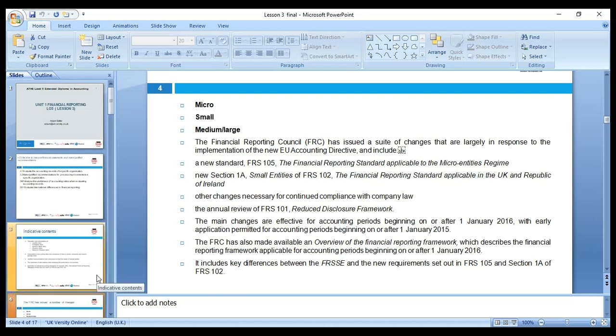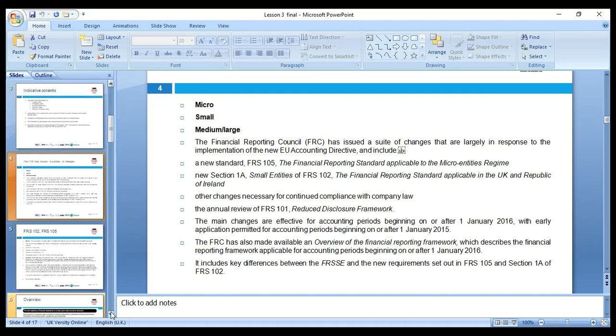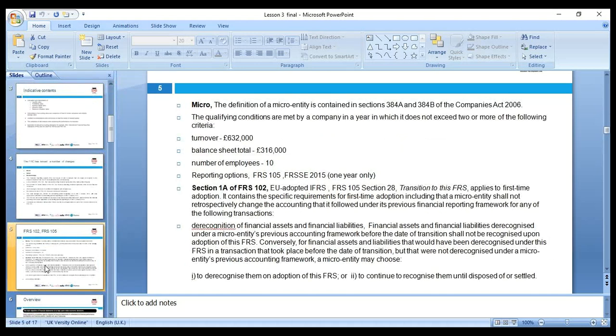Financial reporting standards are all being amended and updated.